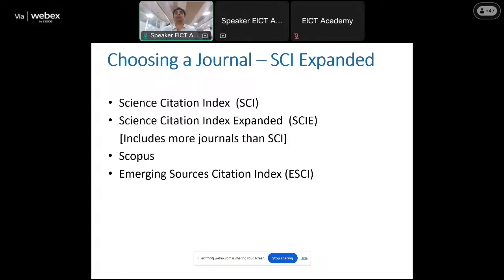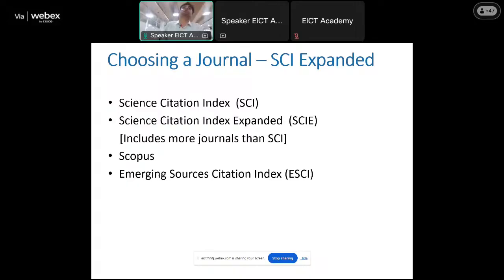The similar word is Science Citation Index Expanded. Both are the same. SCI is the initial list, and the keep on additions we consider as SCIE. SCIE includes more field journals than SCI, but you can consider both of equal weightage.